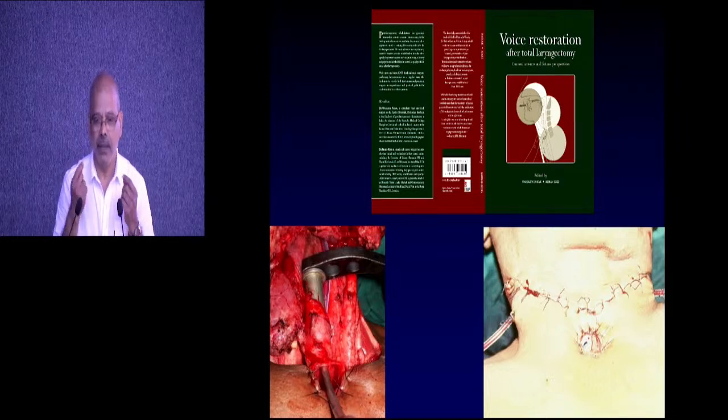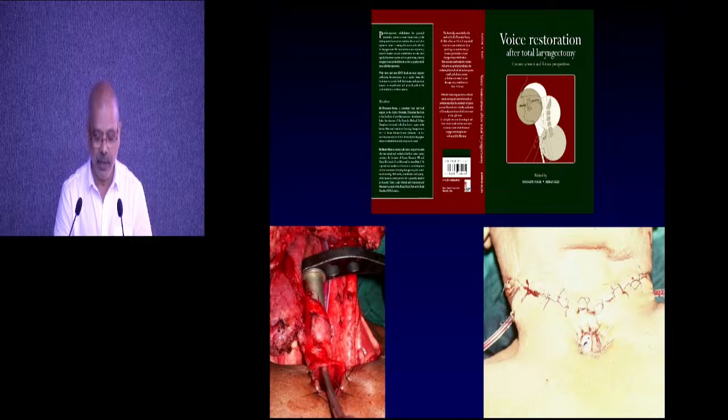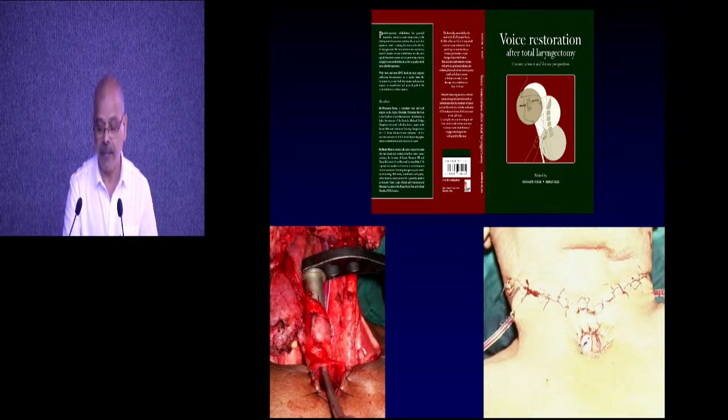You can actually put a voice prosthesis right at the end of your surgery, and two to three weeks after laryngectomy, patients can talk quite well. We have done some pioneering work too in this aspect. I've even written a book about it, which is being used as a guide by many people who would like to develop and learn the voice restoration techniques.